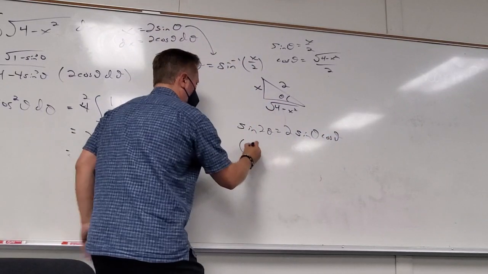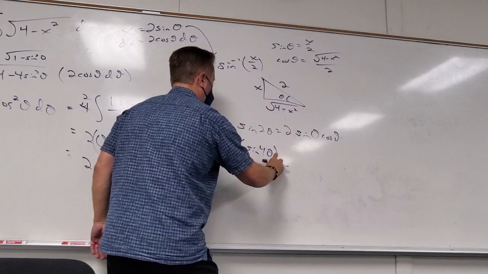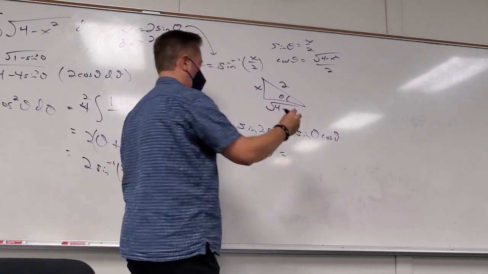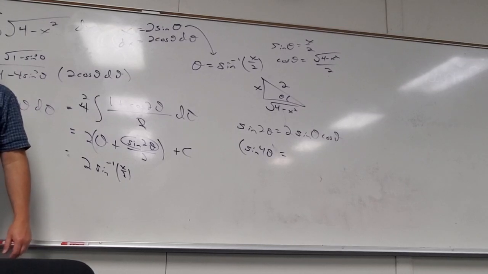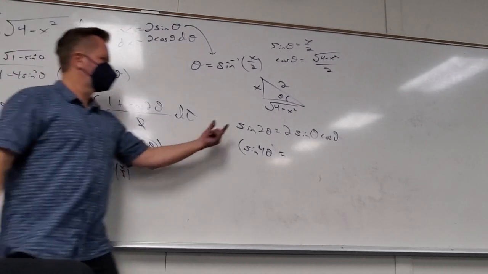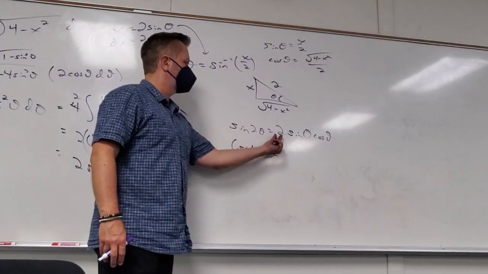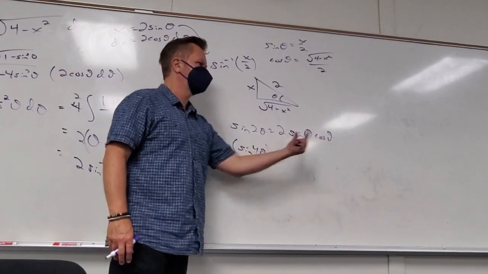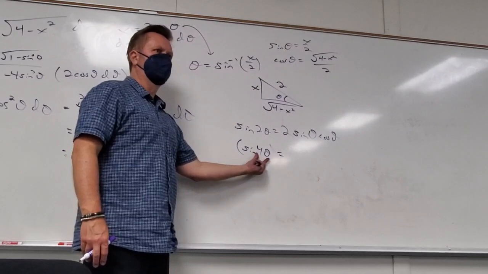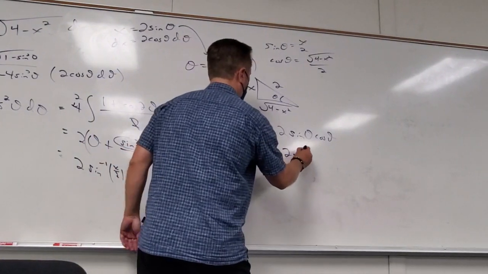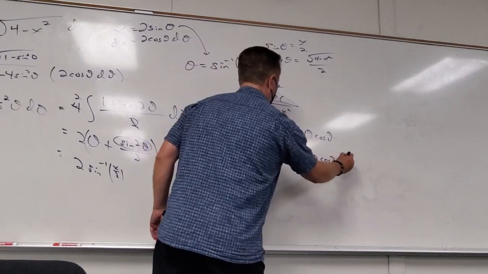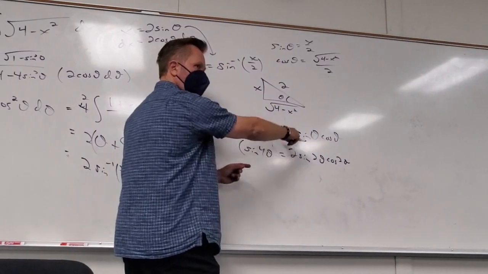By the way, real quick, just a side note, what's sine 4 theta? All we know is sine of twice an angle is 2 times sine of the angle times cosine of the angle. What is this twice of? 2 theta. So it would be 2 sine 2 theta cosine 2 theta. So be careful, it's not 4 sine theta cosine theta.